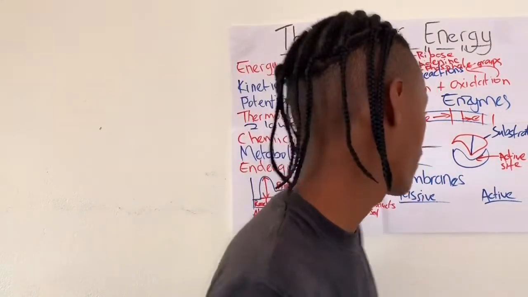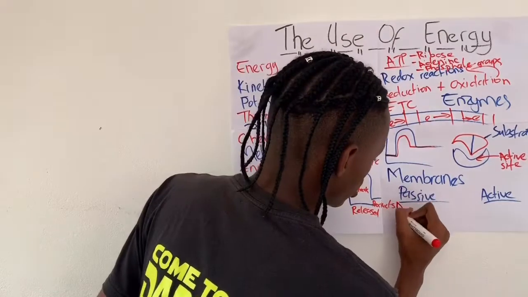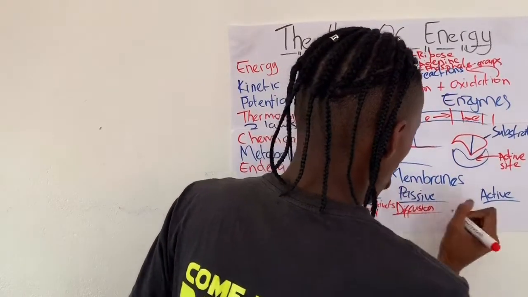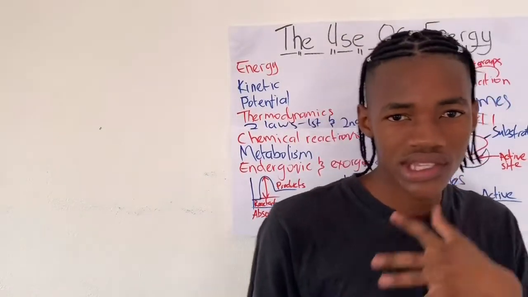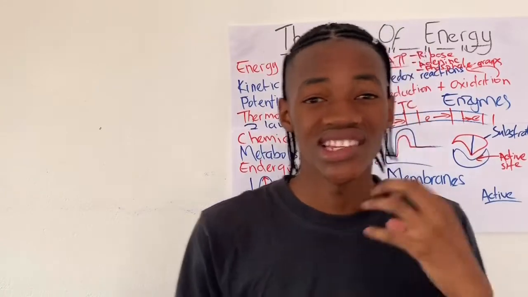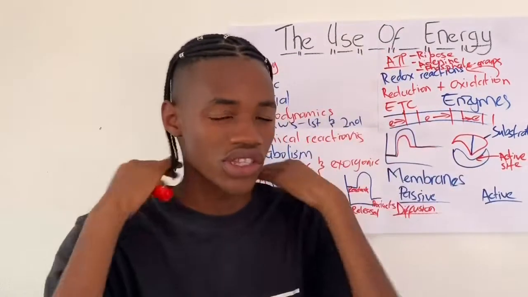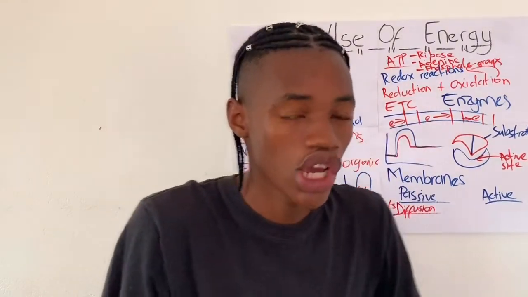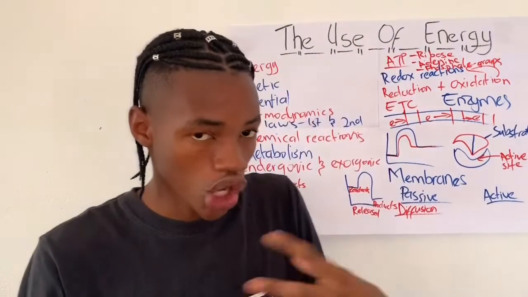And then we have diffusion. All passive transport has to do with diffusion, and diffusion is the movement of solutes down their concentration gradient, which means moving from where it is more concentrated to where it is less concentrated.